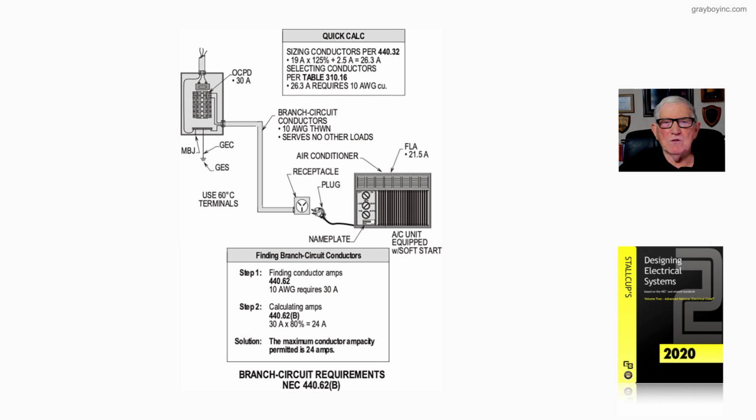But in this case, we didn't have to do it because the unit, as you see, was provided with a soft start. And that's what you as a designer or installer has to make sure when you cord and plug connect a unit that it is provided with a soft starting means to reduce any inrush characteristics that may occur, except overload or ground fault or a short circuit condition.